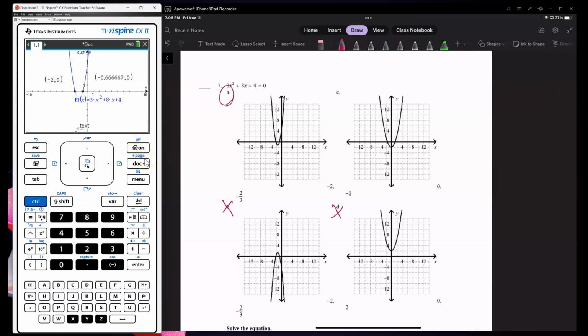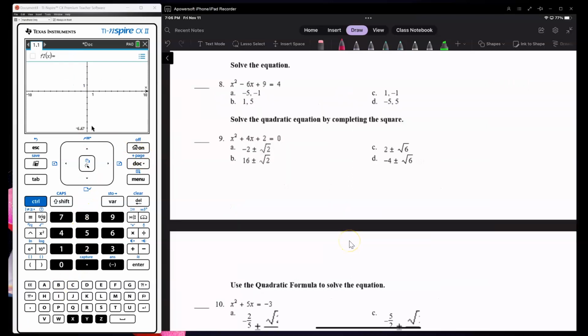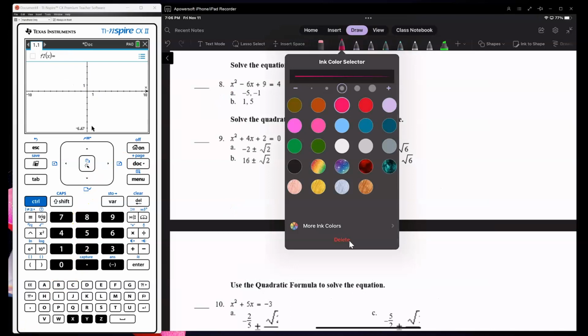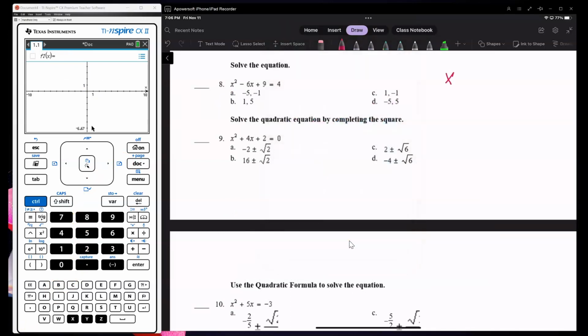So your answer should be A. In order for me to solve this equation, it needs to be in standard form. So I have x squared minus 6x, and that 4 I got to subtract from 9, so it's plus 5 equals 0. You can solve this by factoring, or you can use the quadratic formula, or I'm going to use graphing.